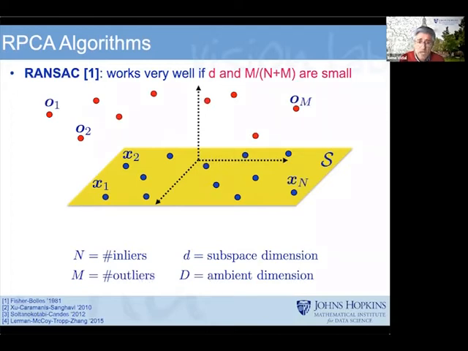And so this method has been studied for a while and is known to work well when the dimension of the subspace is small and the percentage of outliers is not too much. As you can imagine, right? If the vast majority of the points are outliers, then the probability that when you sample D of them, they come from the subspace is going to be very small. So that's why this method requires the percentage of outliers to be small and the dimension of the subspace to be small.